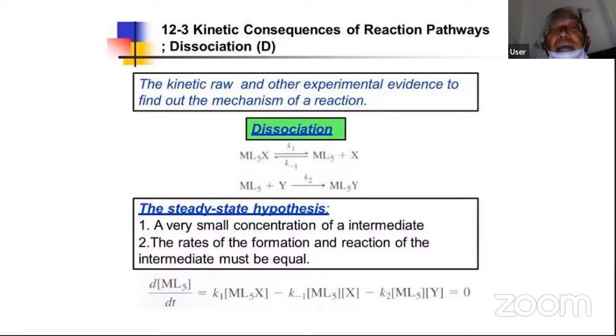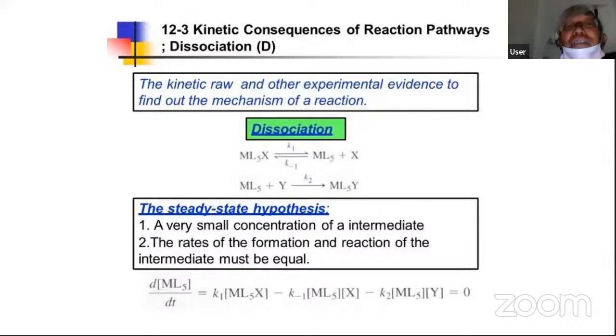At the same time, it reverses, so it becomes minus K minus 1 of this one becoming reactant. The reactants are ML5 and X, so this is 1. And also in the entire scheme, you have ML5 becoming less and less, so it's negative. The step is K2, and that reactant involves ML5 and Y. So this is your rate equation of your reaction based on the reaction scheme.